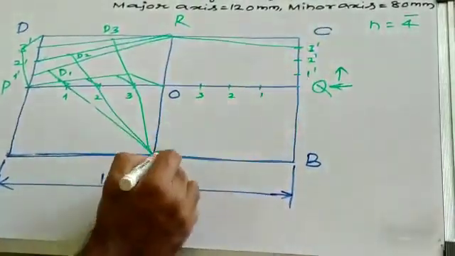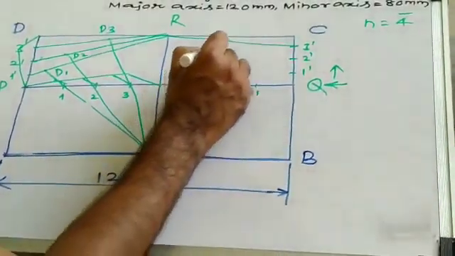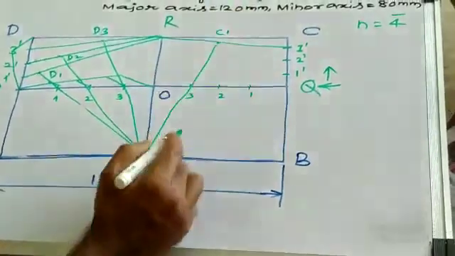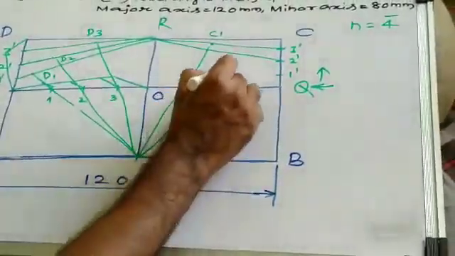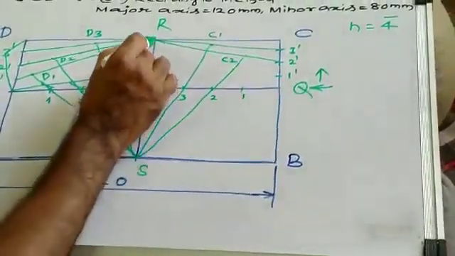R2 3 dash, S3 joined, extend towards R3 dash. This becomes C1. R2 dash, S2. This becomes C2.